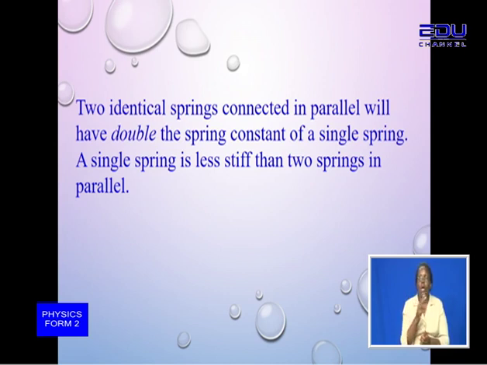And I'll give you a hint. In the series connection, what we had was the spring constant becoming less by half, to the ratio of half. Now, in the parallel connection, we have the spring constant increasing by twice the amount.